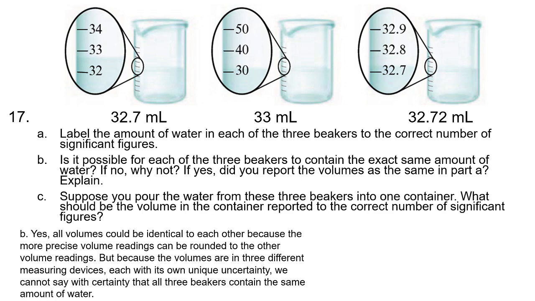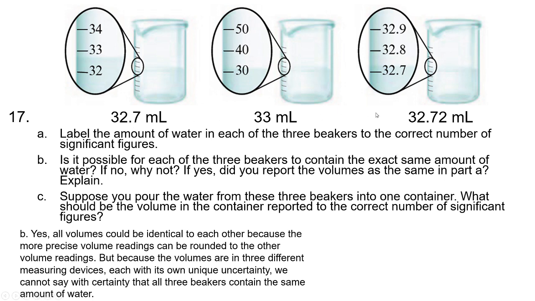Letter C. Suppose you pour the water from these 3 beakers into one container. What should be the volume in the container reported to the correct number of significant figures? So to answer this question, and your answer might be different than mine based on your measurements for letter A, you want to add these 3 together, and then that will give you your answer. Now remember, when you add things, you have to follow significant figure rules.